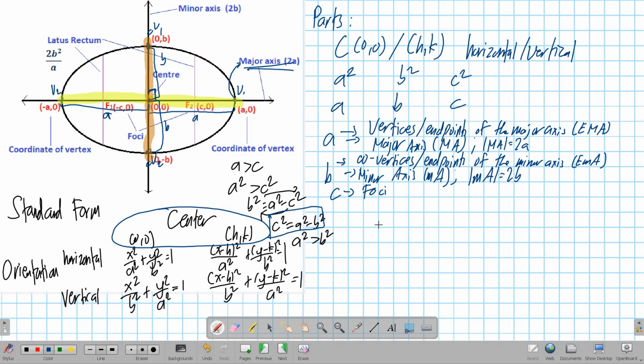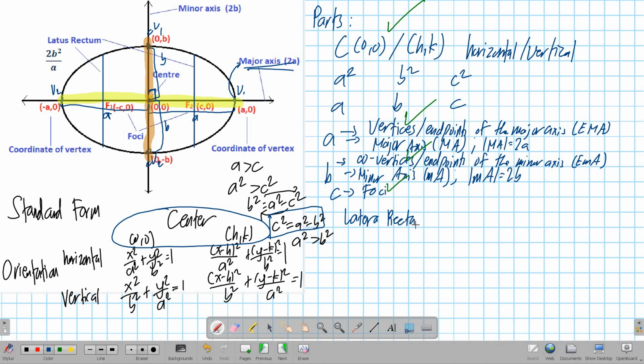So far we have these points: the center, the vertices, the co-vertices, and the foci. The next thing that we would now have to look for would be the endpoints of the latus rectum. In an ellipse, you don't just have one. You actually have two, and the plural of latus rectum becomes latera recta.